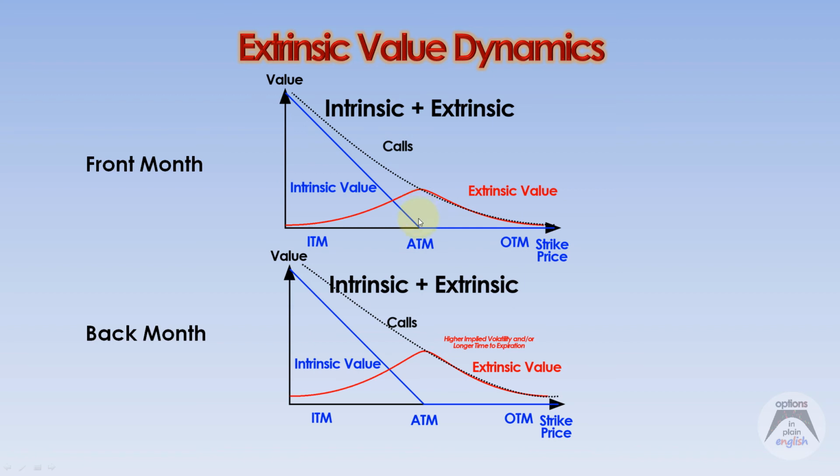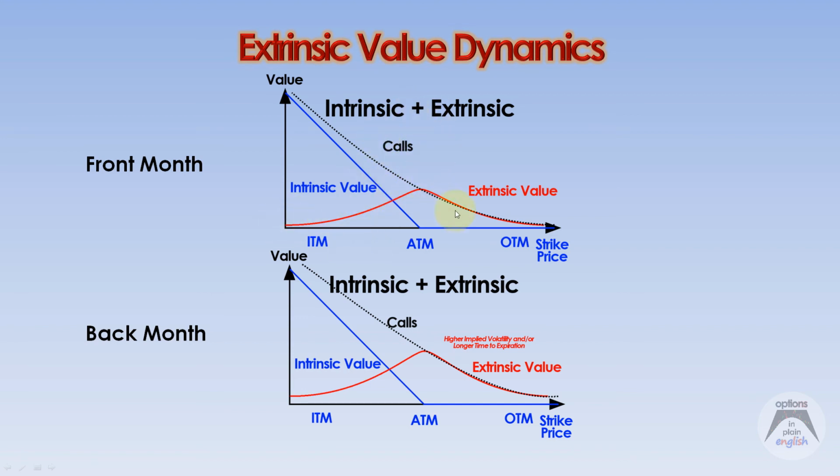The moment it expires, you no longer have any extrinsic value and you're left only with intrinsic value, which is what remains when the option expires. It ceases to exist, but you can exercise it and get the intrinsic value, or if you are on the other side, you're going to be assigned. So intrinsic value is always there, and it's only time value that adds to the overall option value.